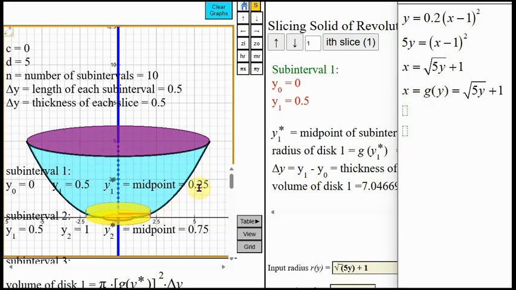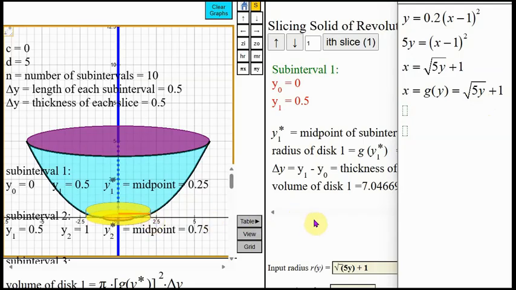And so when y is 0.25, if we put 0.25 in here, we get the square root of 5 times 0.25 plus 1. And that will give us the radius. That will give us the corresponding x.